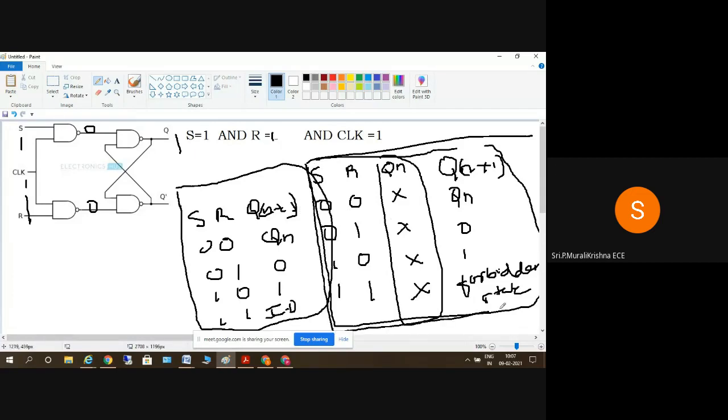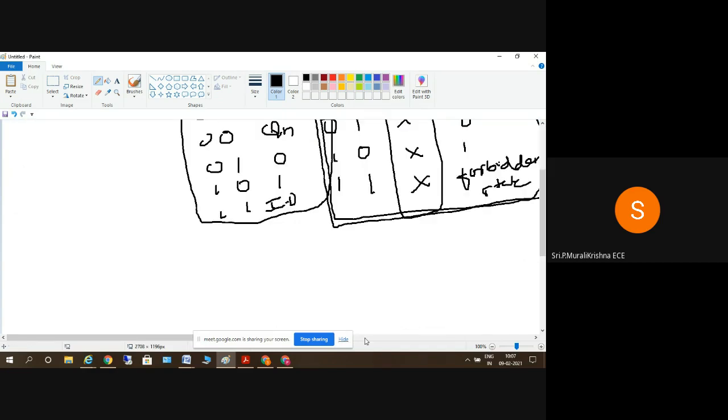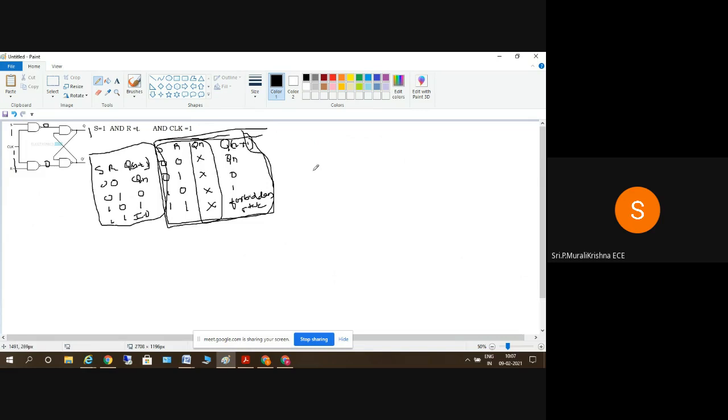For this I'll take the help of this truth table. So remember this one, but we'll elaborate it. The elaboration will be like this: S, R, Q of n and Q of n plus 1.